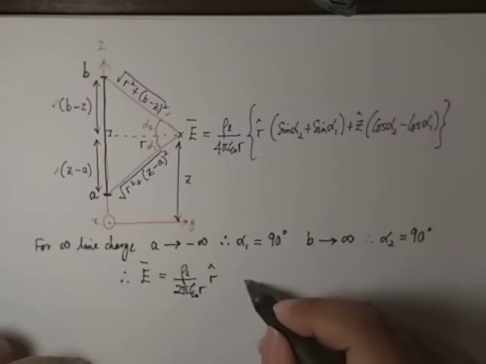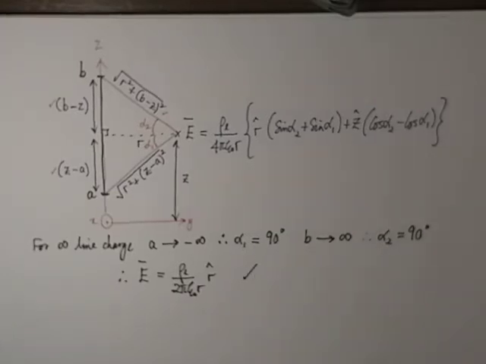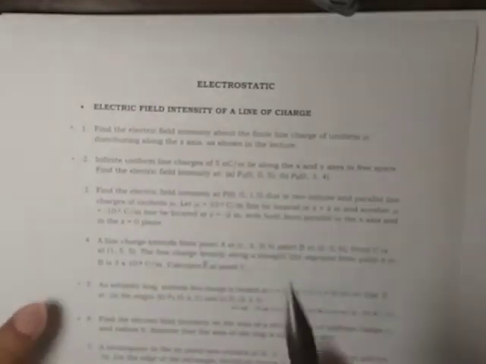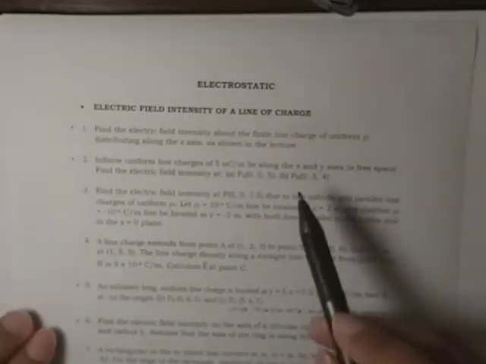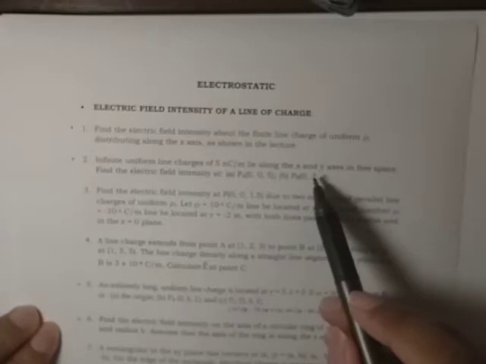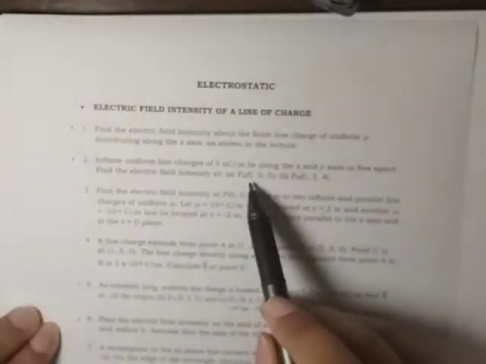Okay, so this should be your standard solution representing the infinite line charge problem. Okay, come back to our model now. So we have two infinite line charges. One is located along the x-axis, and the other is located along the y-axis. Find the electric field at 0, 0, 5.